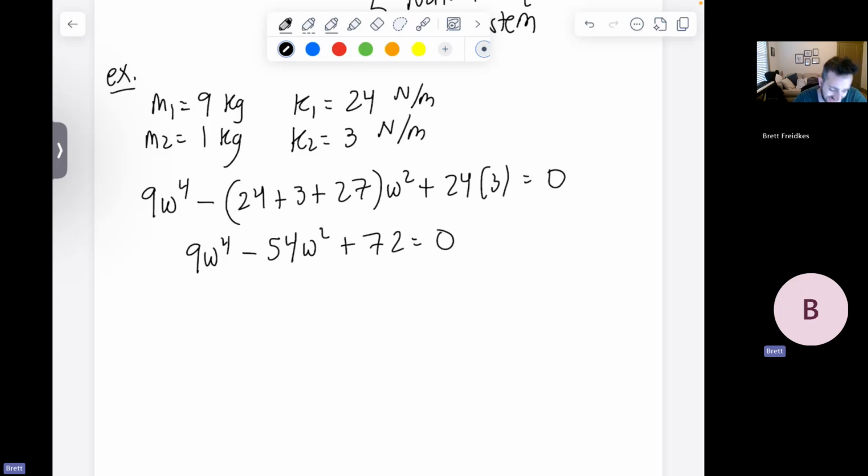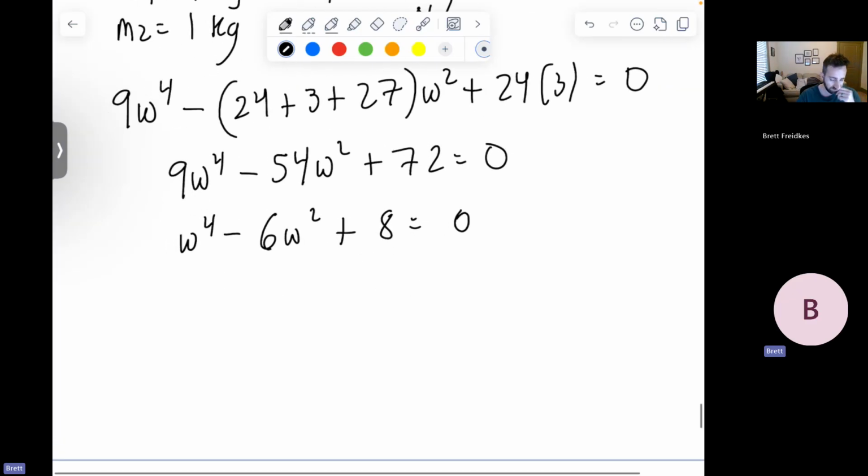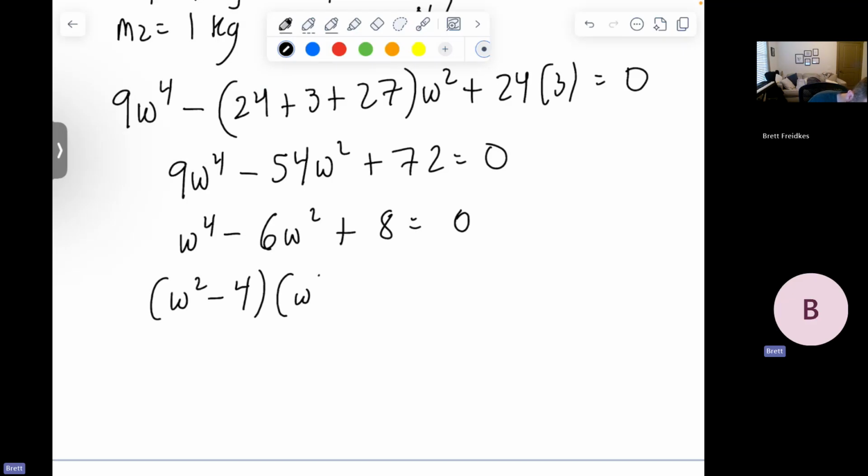Or you can go ahead and divide by 9 and then factor. I find that to be a little bit easier in this situation. Omega to the 4th, 54 divided by 9 is 6, 72 divided by 9 is 8, equal to 0. So if we factor this, we get omega squared minus 4, omega squared minus 2.